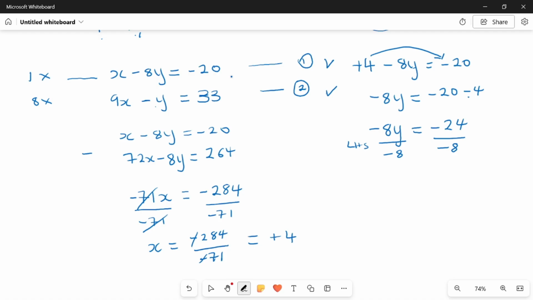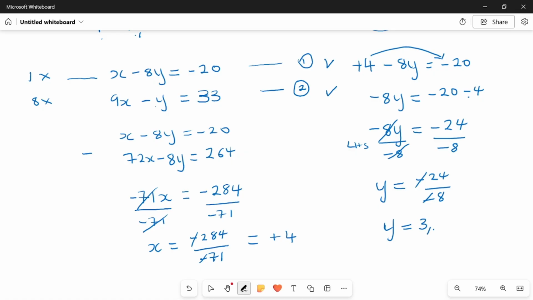So we'll be left with y equals to minus 24 all over minus 8. The minus sign will divide the minus sign to get a positive sign. So y is equals to 24 divided by 8, which is 3.